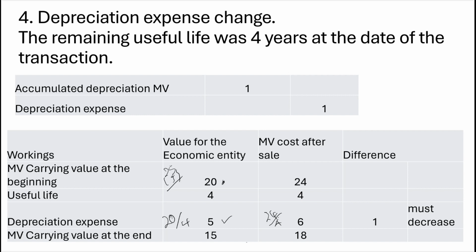So there is a difference of $1,000, and that depreciation expense must now decrease because it's overstated. Therefore, we credit depreciation expense and we debit accumulated depreciation of the motor vehicle.